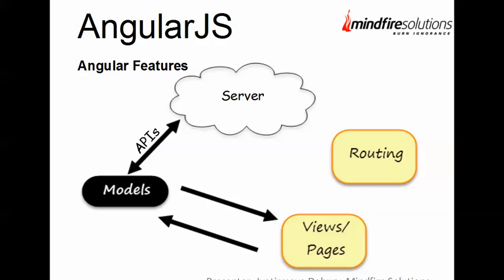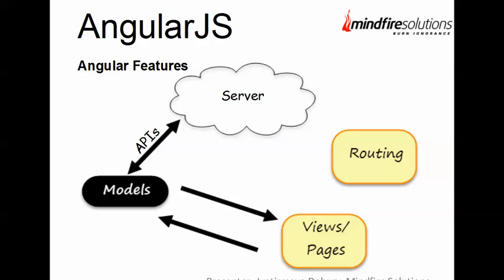So we call APIs and whatever response we get, the data, we store them in the models, and the model can talk to the view, which are the web pages, the web interface, and based on the model data, the view reflects automatically.